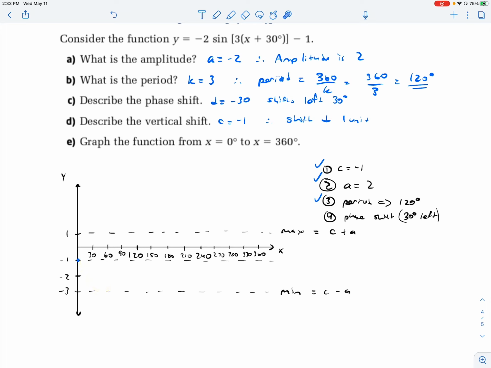So I can kind of map out all my points like that. So that's what I'm going to do right here. So my next point would be at the middle again at 60, and then the max at 90, minimum at 120, and then at 150, back to the middle. And I just kind of keep following this pattern.